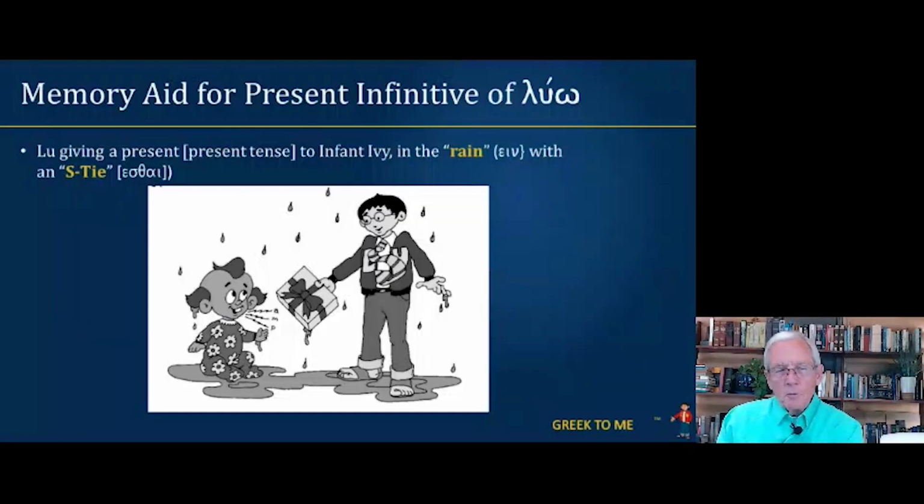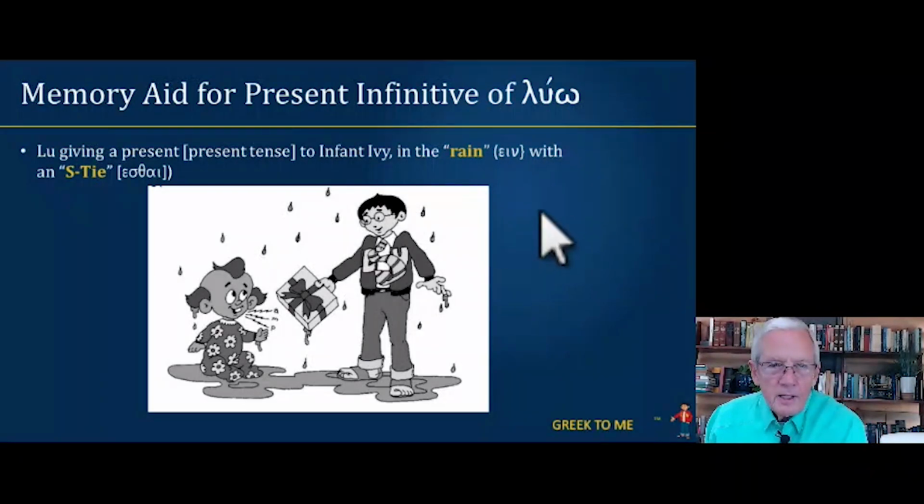So we have a memory picture here that is going to help us with the present infinitive of luo. Lou is giving a present to Infinivi. He's a little substitute person we have for the infinitive. We'll see more about infinitives as a whole when we come to chapter 14, but they're introduced here in chapter 4. So Lou is giving a present tense to Infinivi, and notice he's standing in the rain.